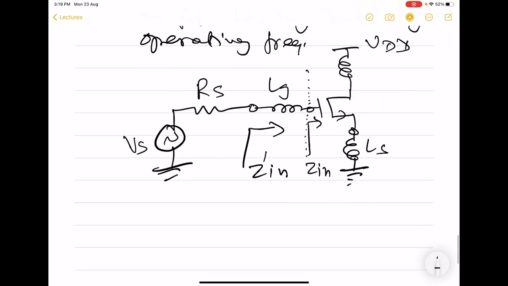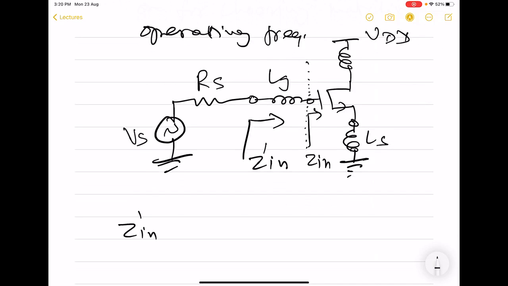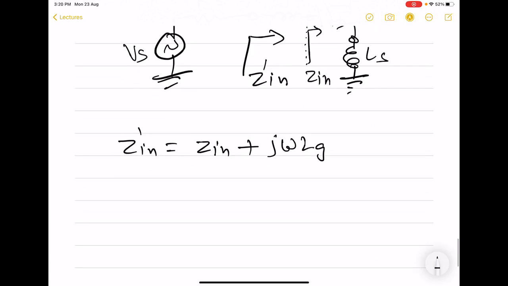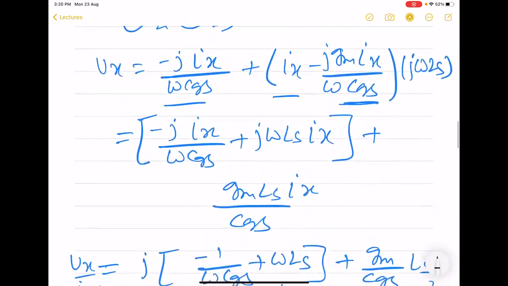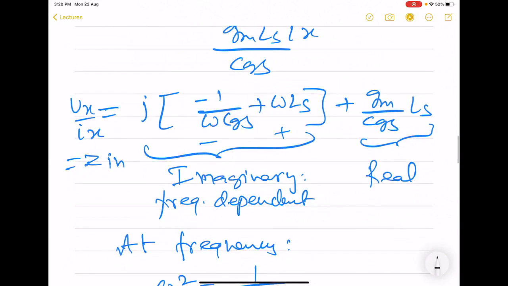So looking from here, what we find is that the new input impedance is going to be the earlier one plus the impedance of this L_G. Both are now in series. So here for Z_in, we can write the expression that we have derived, the complete expression, this one, this is equation 2.